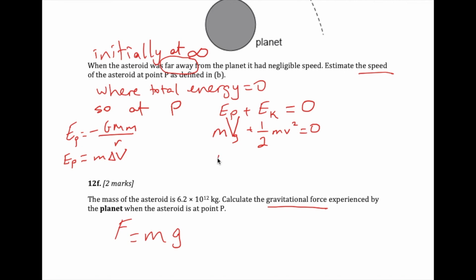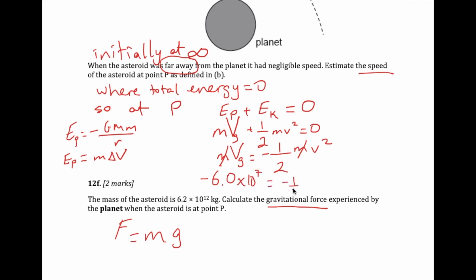Rearrange this to say m times the gravitational potential equals a negative, since this moves to the other side, 1/2 mv squared. Divide both sides by m, and since you know the gravitational potential is negative, we found that value above in the previous part, so you substitute minus 6.0 times 10 to the power of 7.